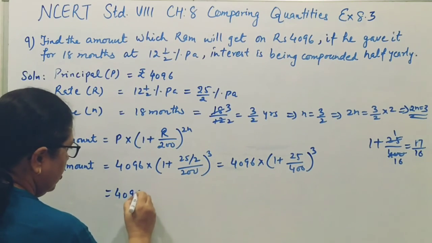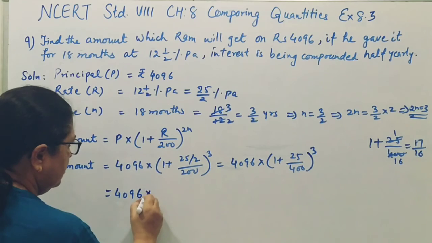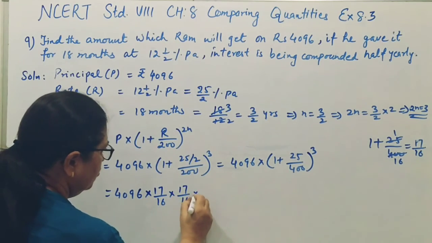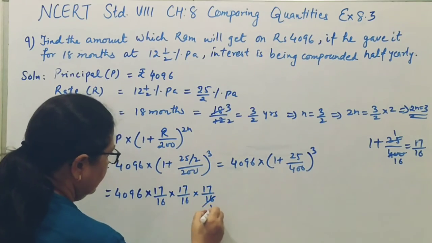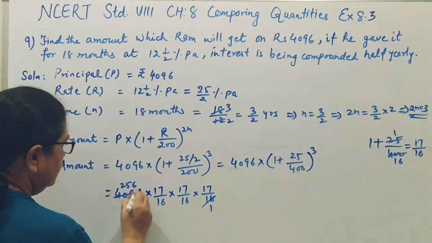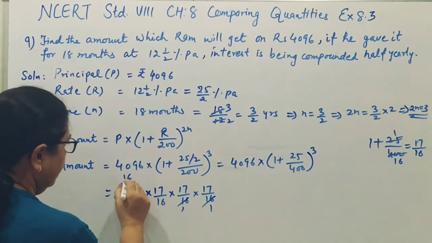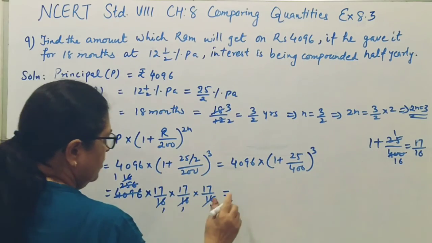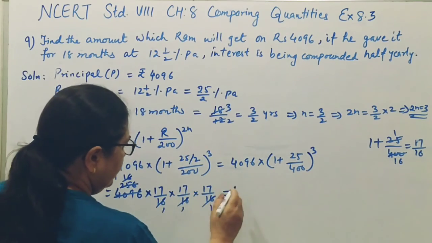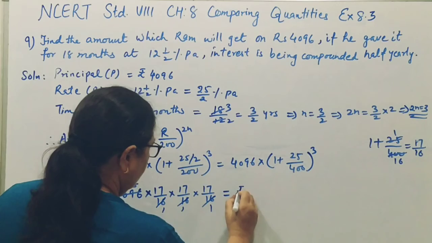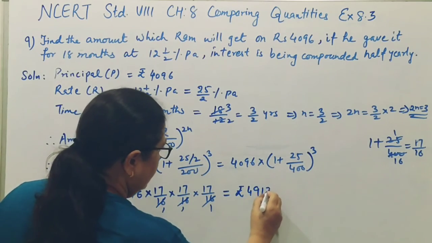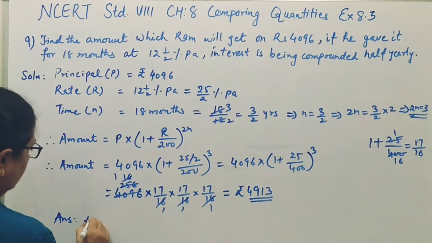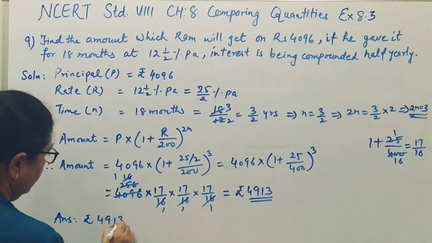Therefore, amount is 4096 into 17 upon 16 into 17 upon 16 into 17 upon 16. So after cancellation we get 17 into 17 into 17, that is rupees 4930. Answer is rupees 4930.